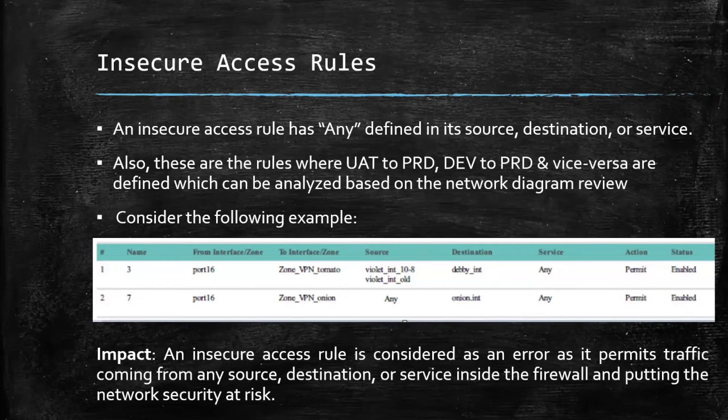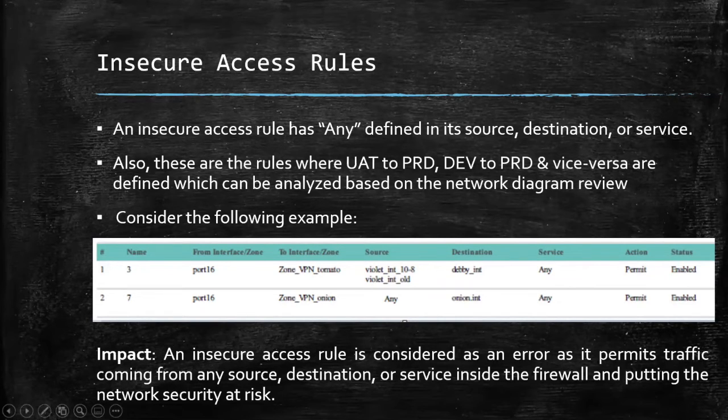Even if you see any in the service section, that means any resource can use any of the resources in the environment. For example, the service can be 0 to 65535. That means all services would be available in the environment.